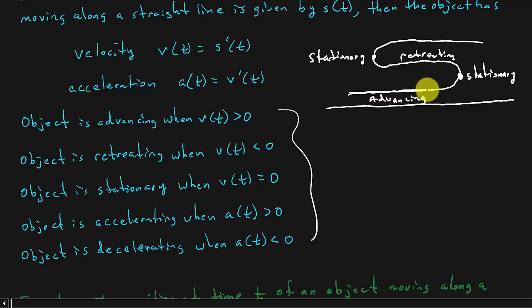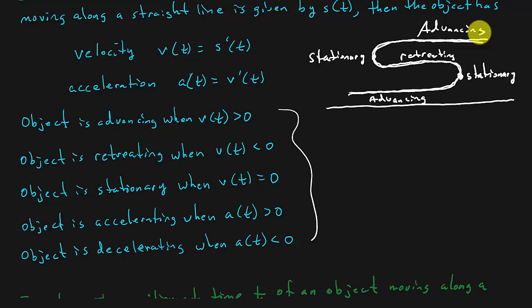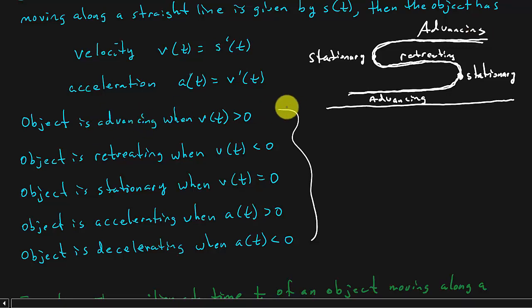See, here it's moving in a positive direction, then it's stationary, it starts retreating, and then it's stationary, and then it starts advancing again. That's what it's telling you. And we'll draw a little picture on this with the next word problem that we have. But that's just to give you an idea.